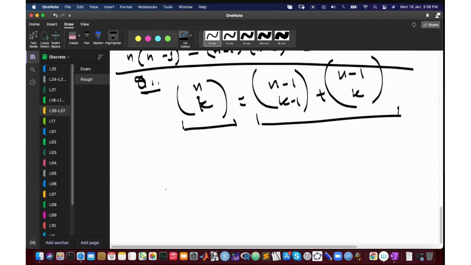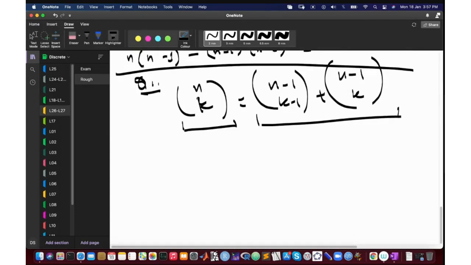Okay, so you start with, we know what this is, right? This is cardinality of a set which is equal to the number of ways k elements can be chosen from n elements, right? Okay, so let's do that.